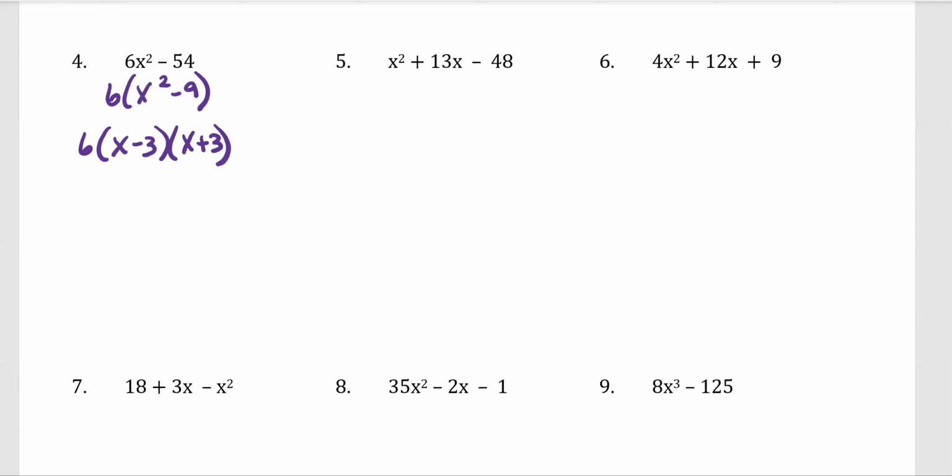Number 5, we need the factors of -48 that add to 13. I'll remind you, I made a video on how to use your calculator's table to find the factors of 48. You would put in table y equals 48 divided by x.